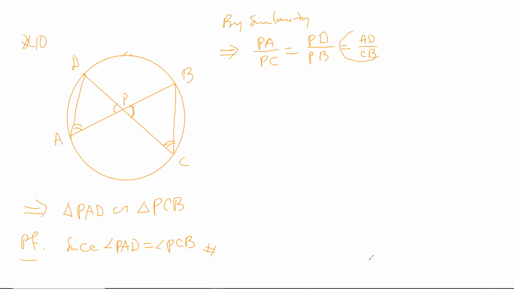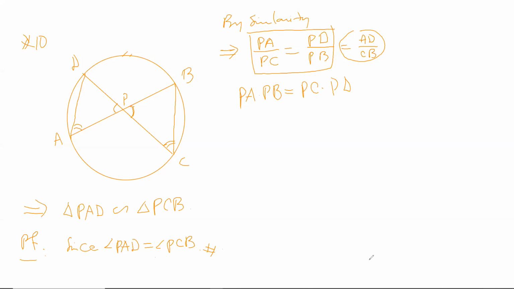We ignore the last part here, which you shouldn't. You just look at this one, and you get PA times PB equals PC times PD, which means this product is always the same. Do you agree?